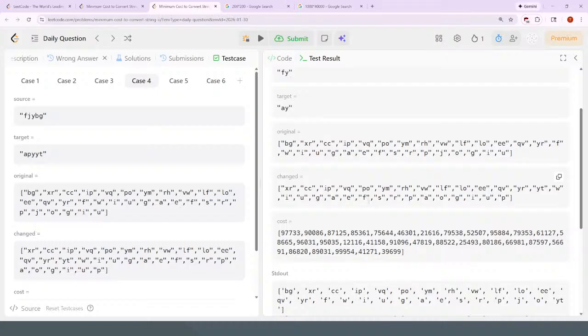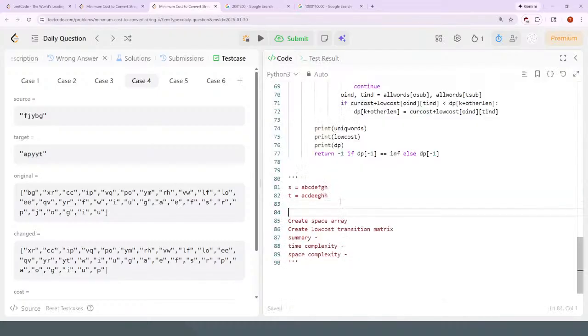You know what? Is there some sort of duplication here? Let me go ahead and just double check this. So it's, what is it?